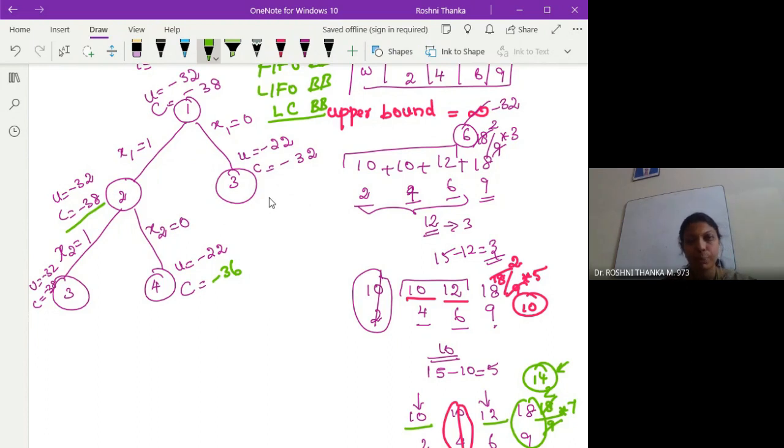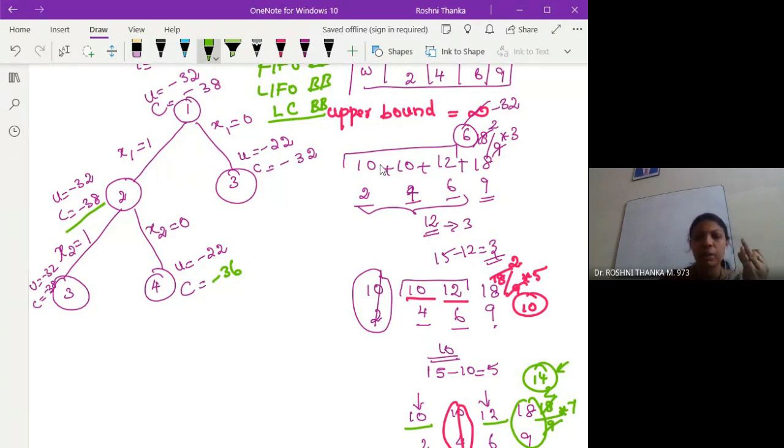Every time before you proceed, you have to do two steps. One is we have to check whether we want to update this upper bound or not. When you update the upper bound, whenever the upper bound value is lesser than this, then we have to update this value. But no upper bound value is lesser than minus 32. It is only equal here, so we don't want to update the upper bound. That is the first thing you have to check.